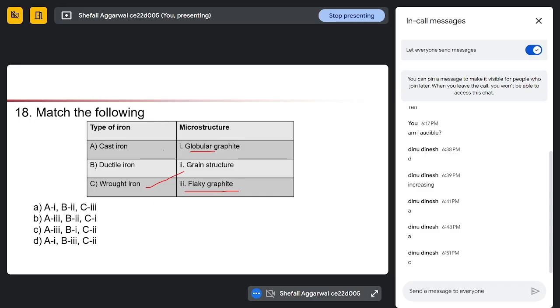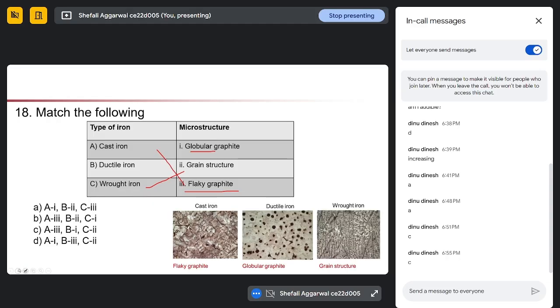Cast iron, any idea? C, correct. If you remember clearly, this is the type of structure. In cast iron, we have flaky graphite, and in ductile iron, we have spherical or globular graphite present.